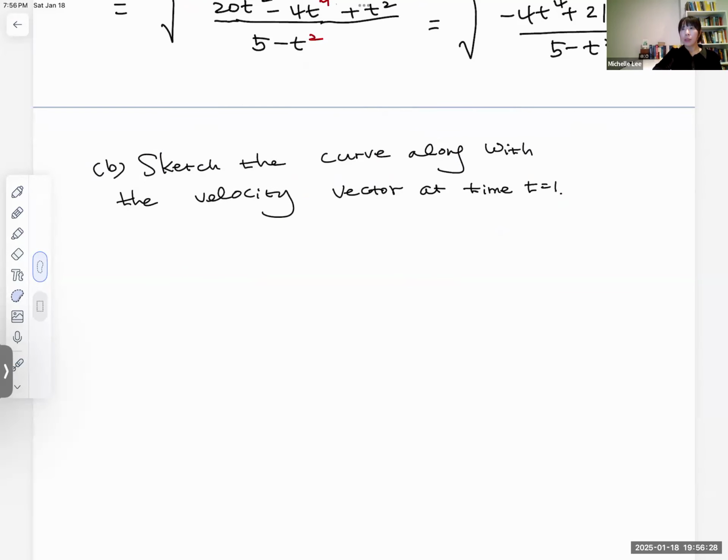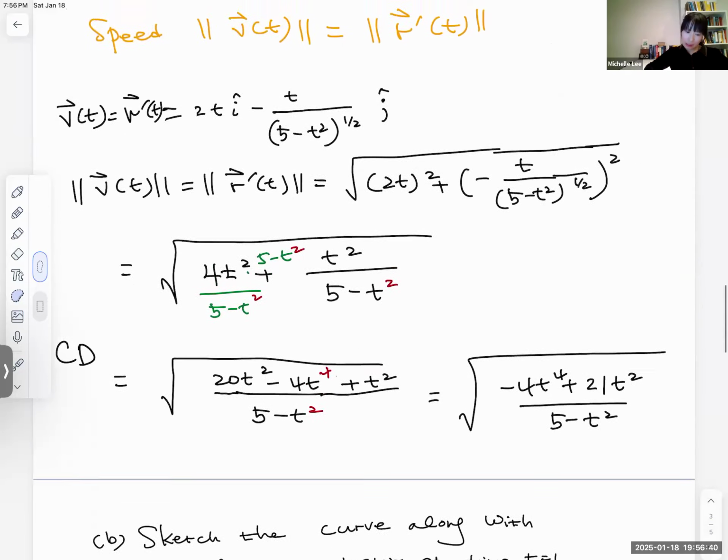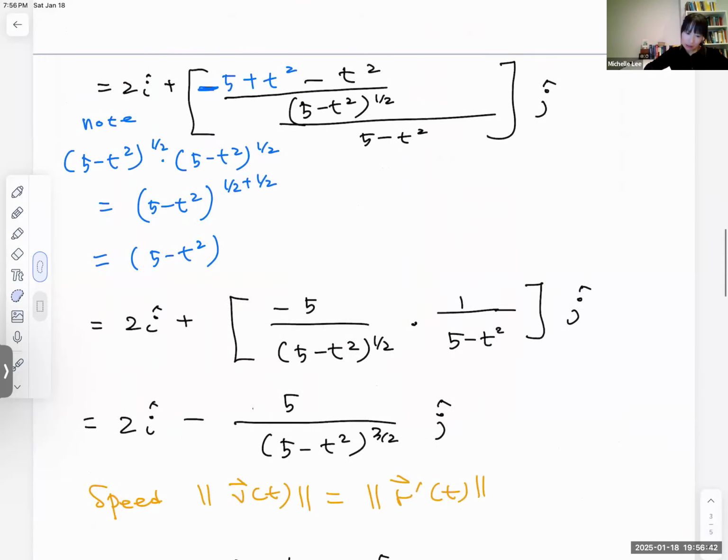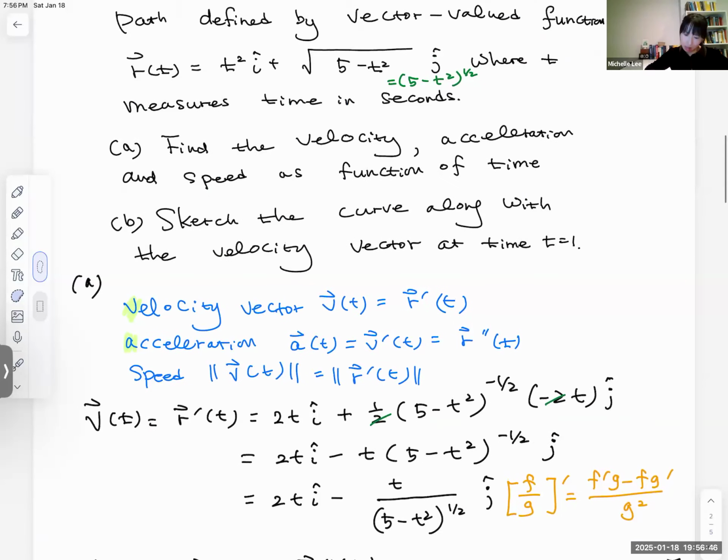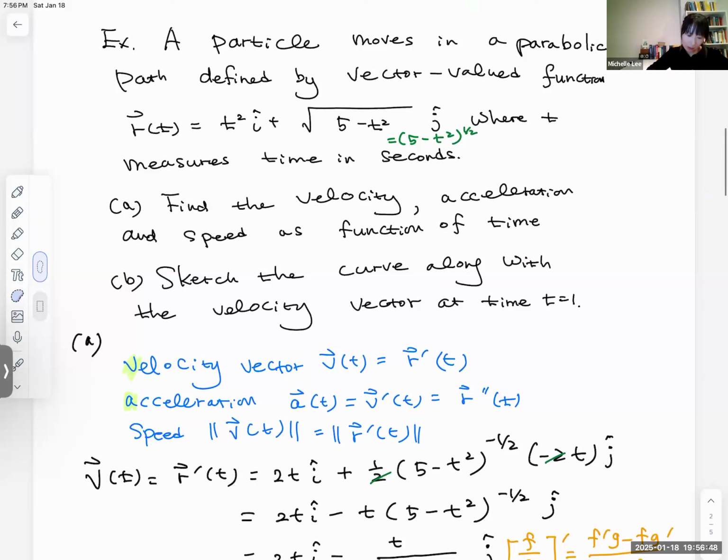All right, so let's draw the vector function first. So we have r of t.